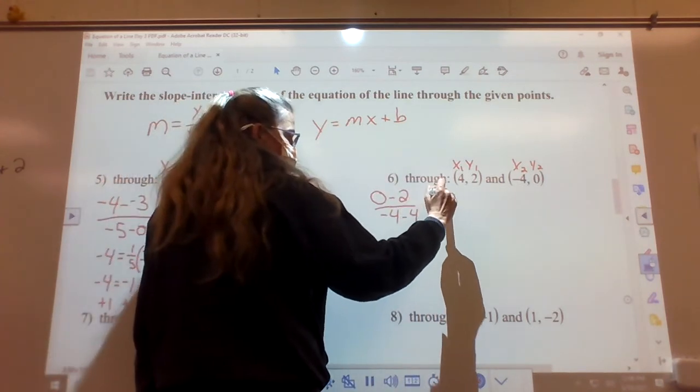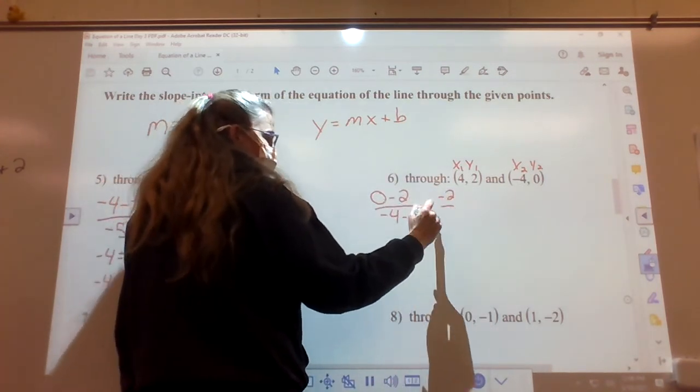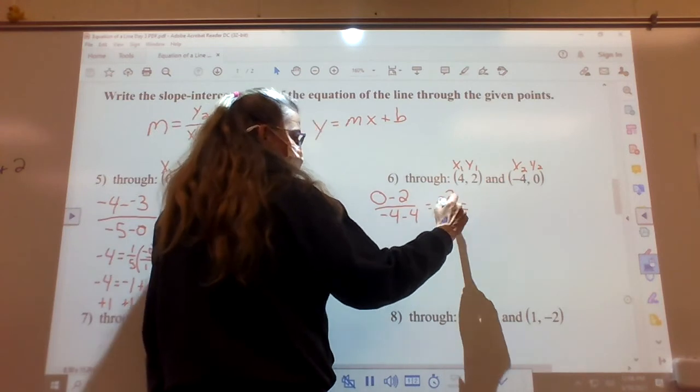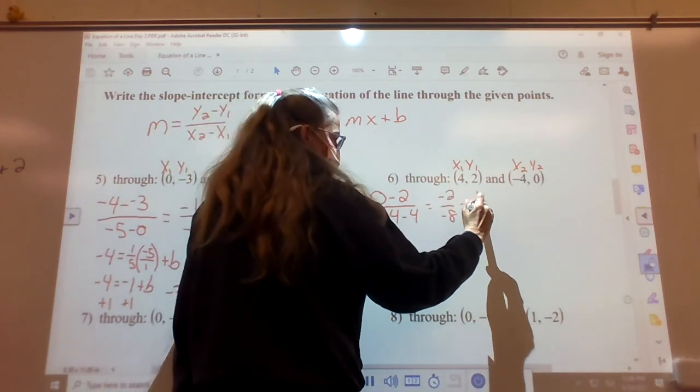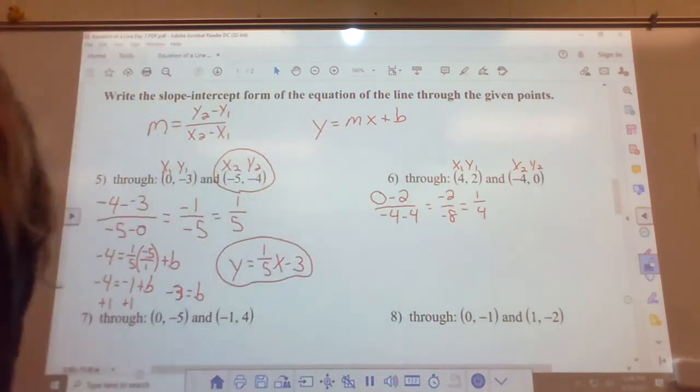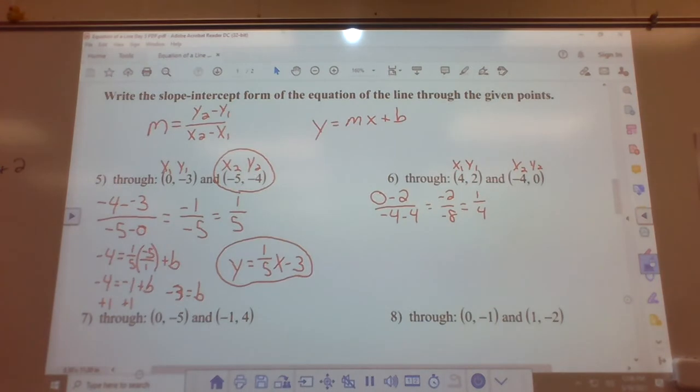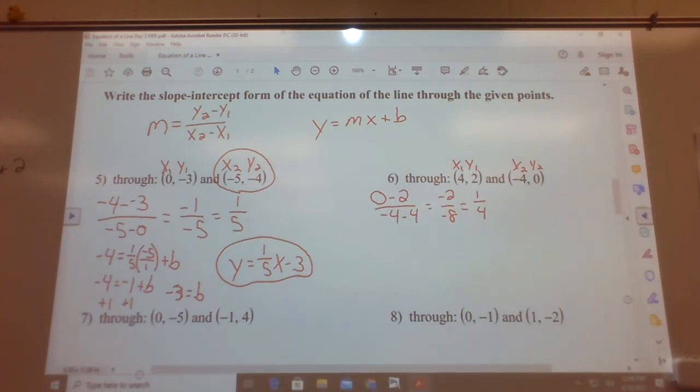Negative 2 on top, negative 8 on bottom. This is all going to reduce down to 1/4. So that's my slope. Everybody still with us?